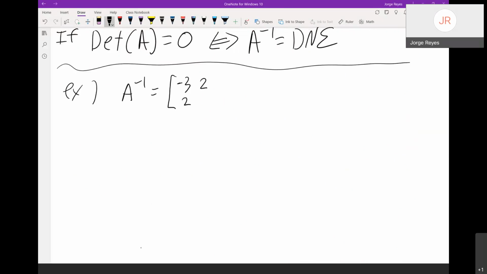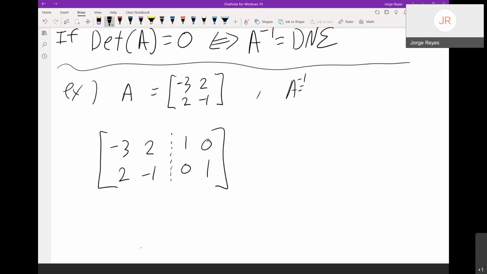So here we have this matrix again. I want to find the inverse. What we're supposed to do is put the matrix on the left here, and we set up this double augmented matrix where we put the identity matrix on the other side.